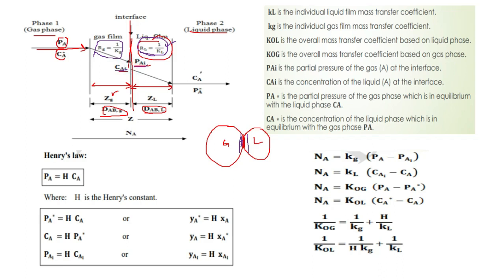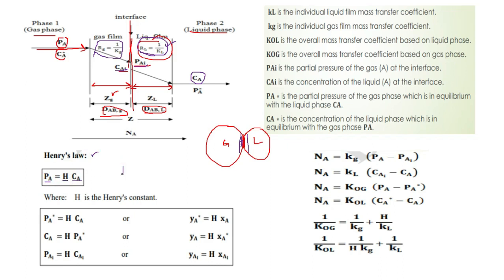Now this is CA, which is the concentration of A in the liquid, and this is PA. So Henry's law is also used. It says that partial pressure of A is equal to H times concentration of A, and H is the constant, which is the Henry's constant.